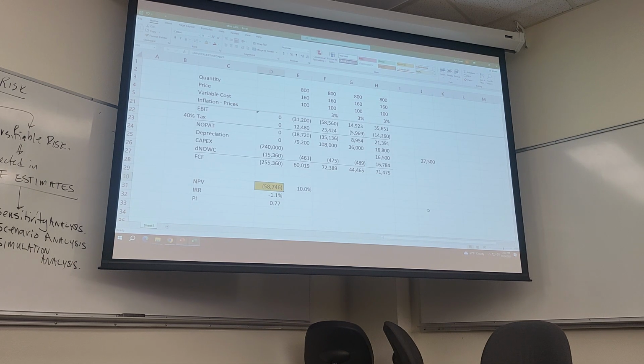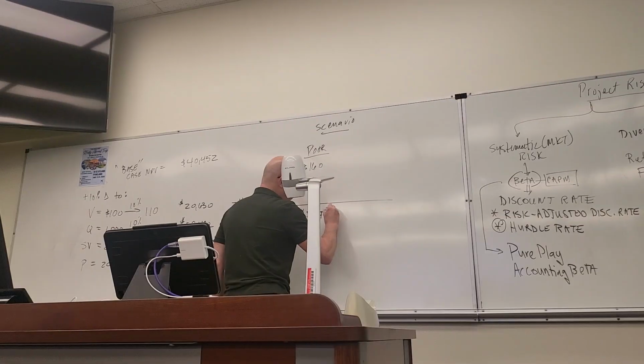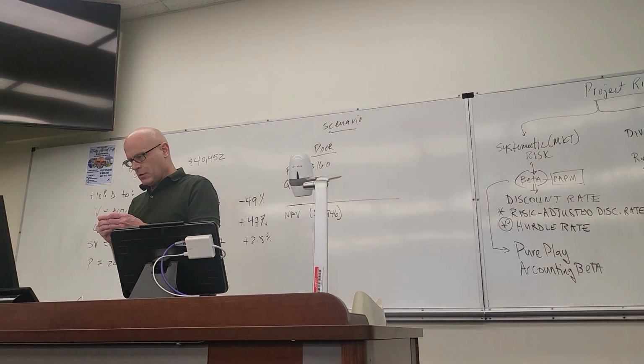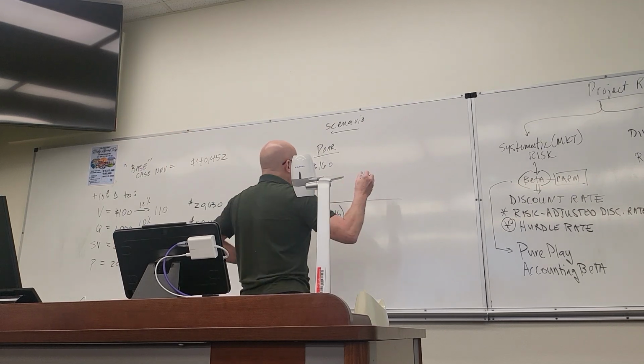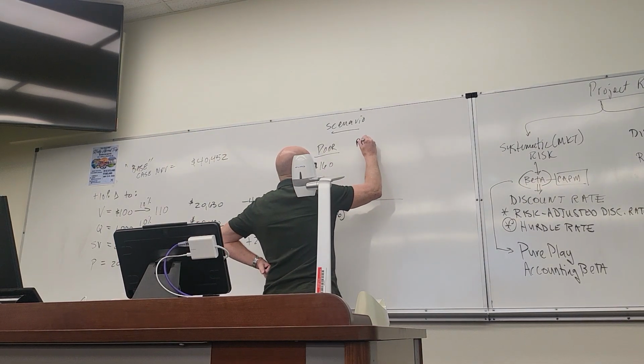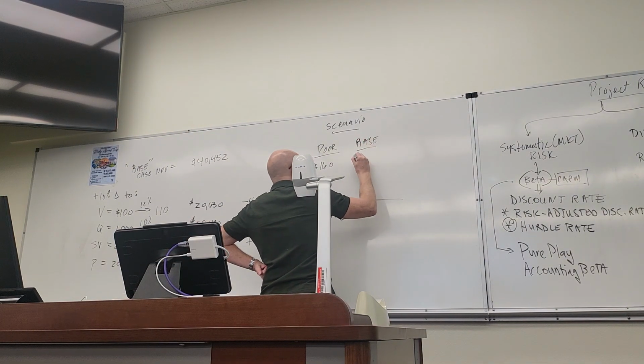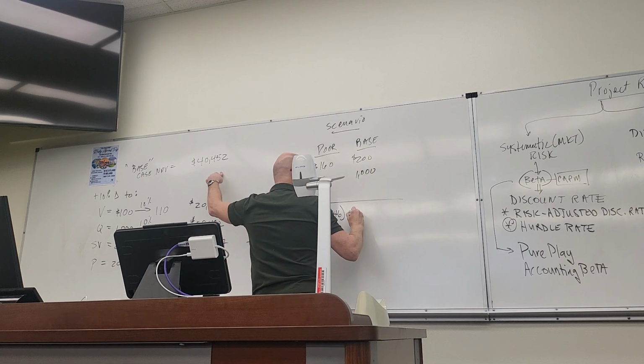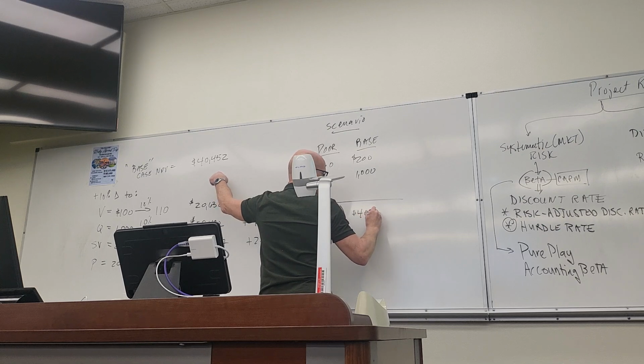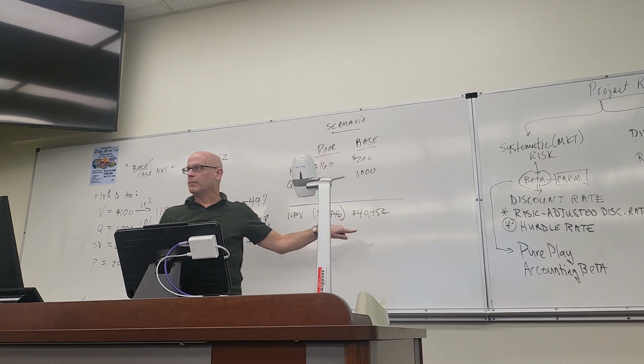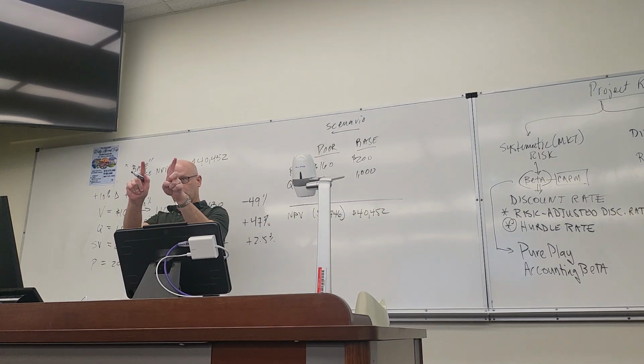So we want down here our NPV, minus 58,746. Remember, we had a base case: 200 here, 1,000 units here, and the NPV was 40,452, right? Those are two scenarios.